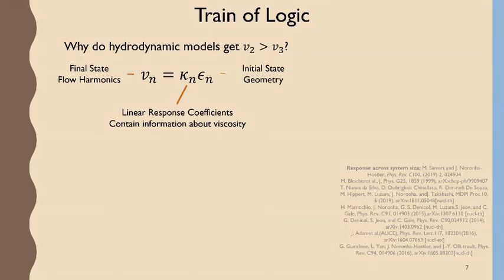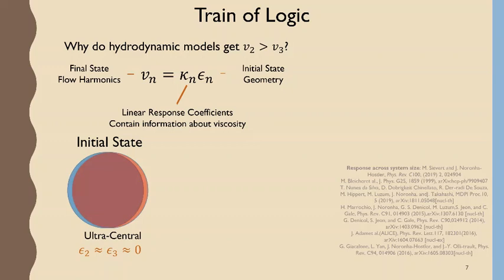If we think of it this way, in ultracentral collisions your epsilon2 and epsilon3 should be about 0 because your initial state should be as spherical as possible.